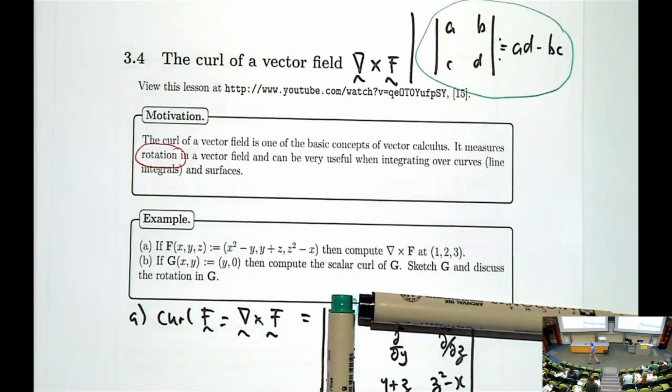And then I multiply i by the determinant of what's left. Okay? So what's the determinant of this? It's d/dy of z squared minus x minus d/dz of y plus z. Okay, you go diagonally. And then you move along the top of the determinant.